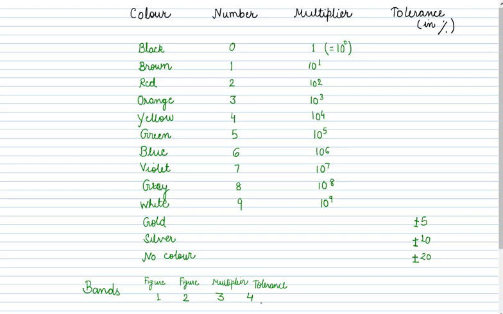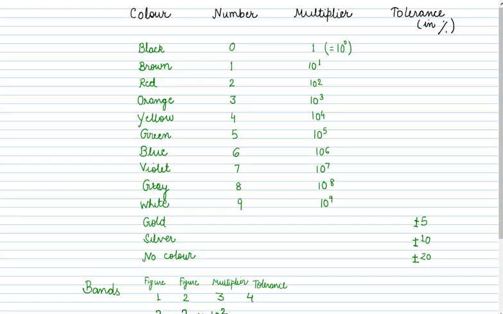Then we can do it very simply. Now let us say the first one we are having is red. Red corresponds to 2, so we put the figure as 2. The second one is again red, so the second figure is again 2. The third band is again red, so red will have the multiplier 10 to the power 2. So this is 2, 2, 10 to the power 2.